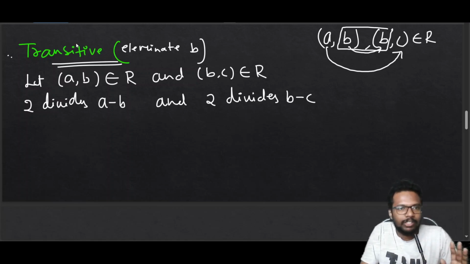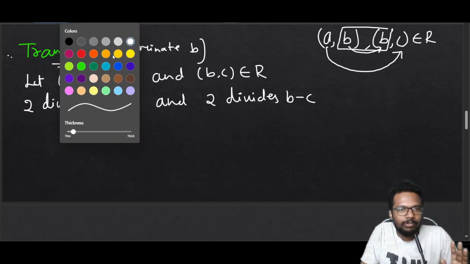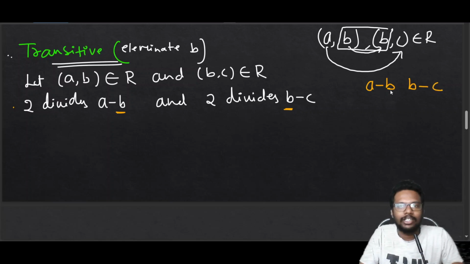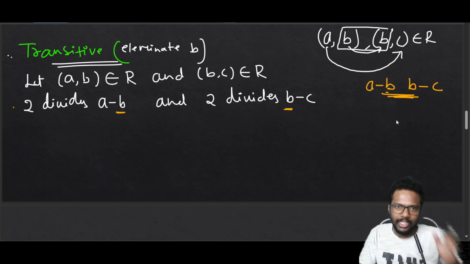If you observe clearly, here we have minus b, here we have plus b. So a minus b and b minus c. Our target is to eliminate this b. To eliminate b, use any operation: addition, subtraction, multiplication, division. You can use anything, but we have to eliminate this part b.